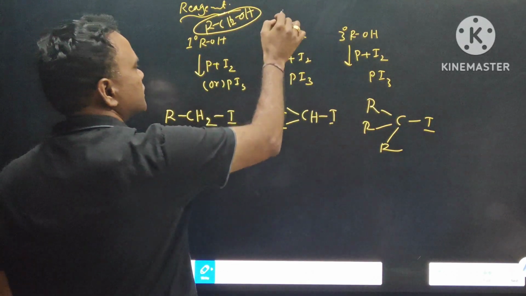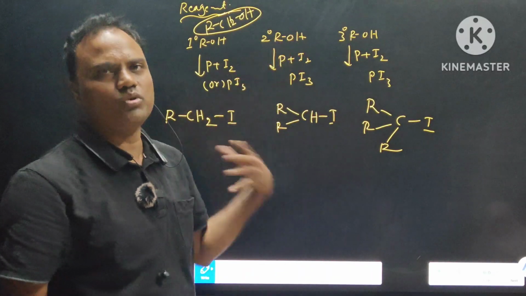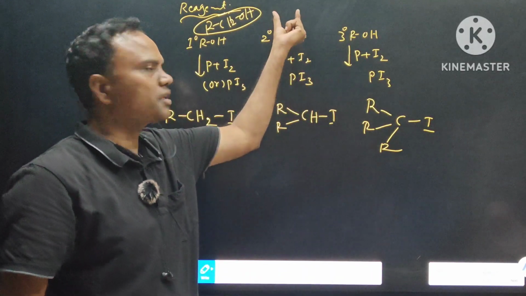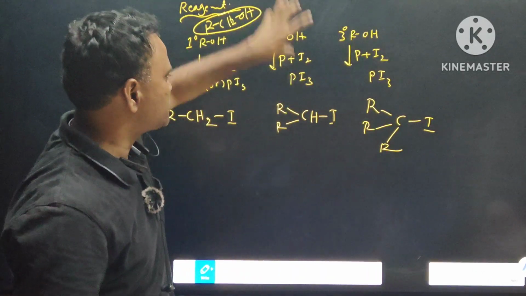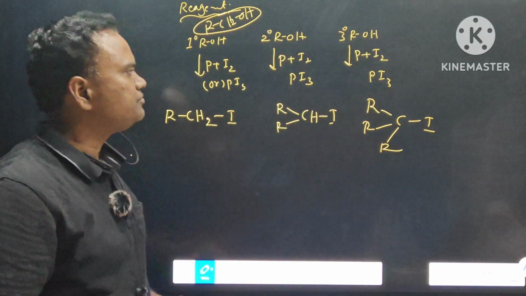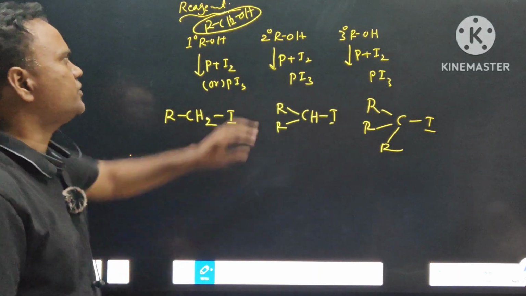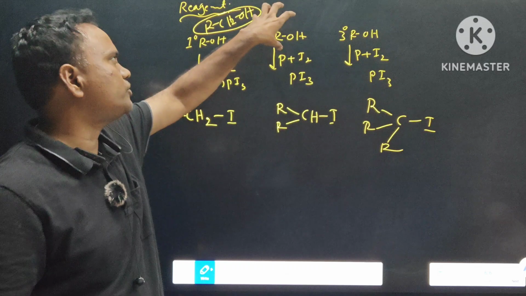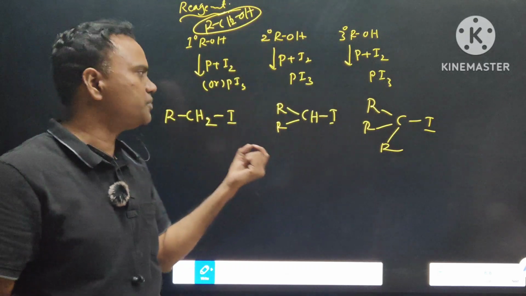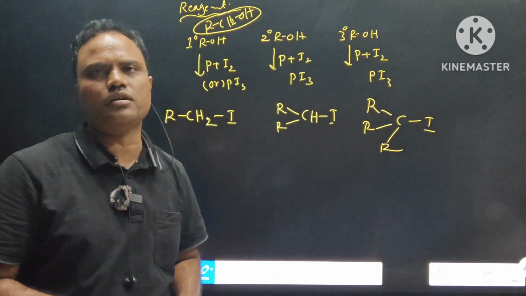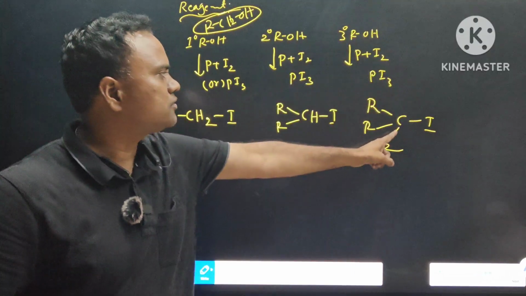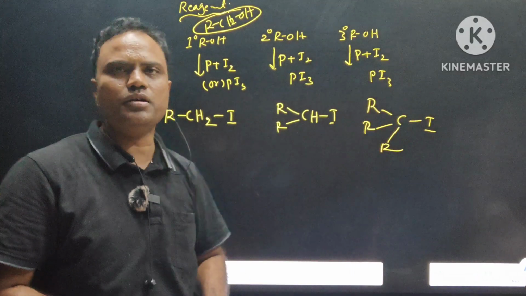Then RCH2I. Here, instead of a general secondary ROH, just take like this. Don't get confused. This is the general representation of 2 degree, but actually we have to take it like this because you should identify hydrogens there. 3 degree alcohol, no? So a 3 degree carbon will come.